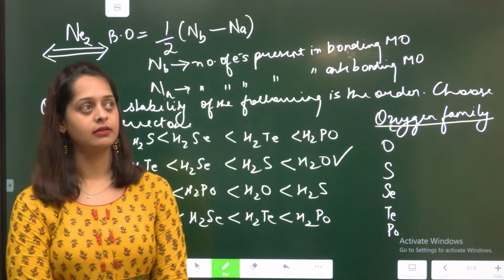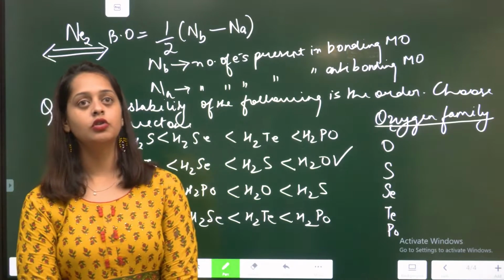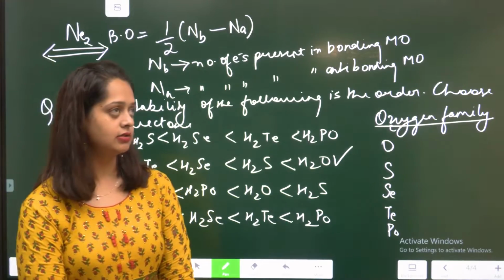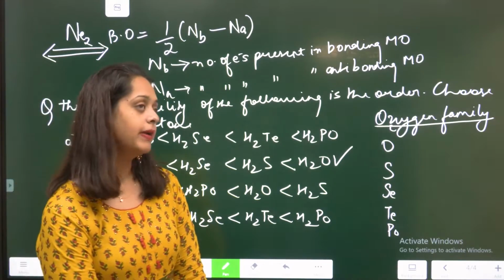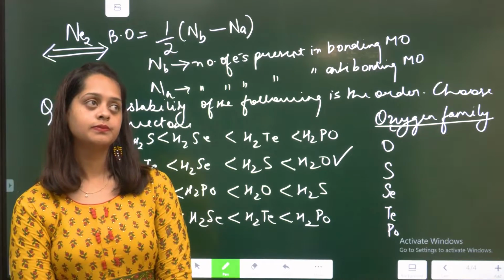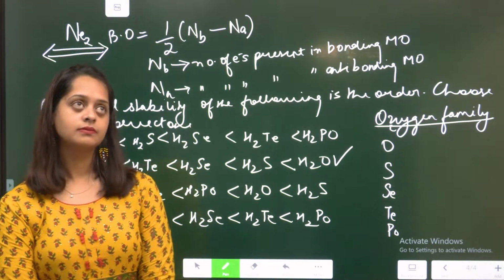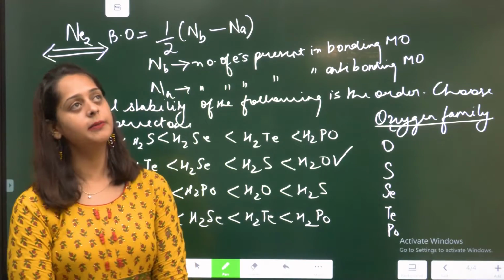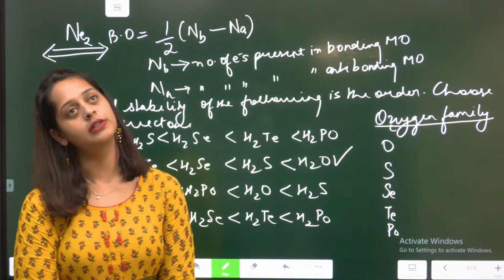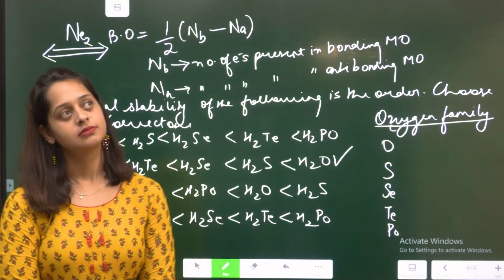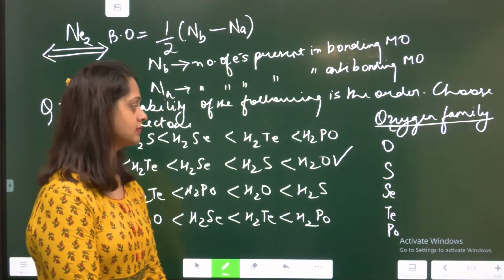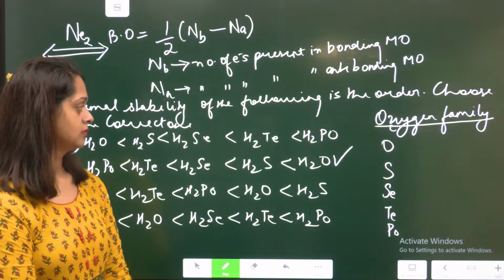Think again. So you mean to say polarizability of oxygen will be less in comparison to polonium? Which will hold the pair of electrons more towards itself? Ma'am, oxygen.